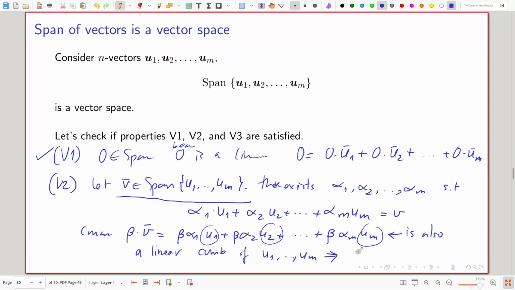So this implies that beta v is also in the span. So this second property has been checked.